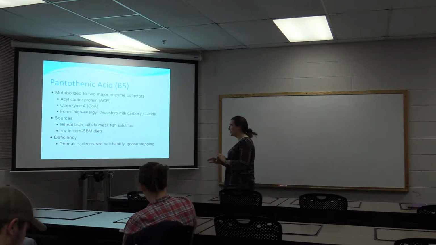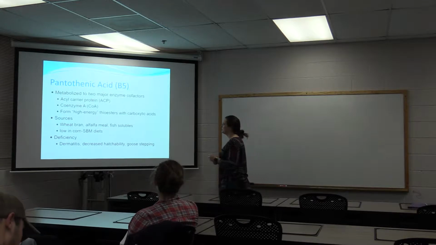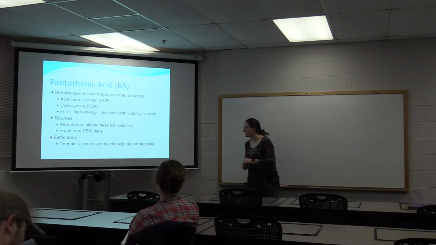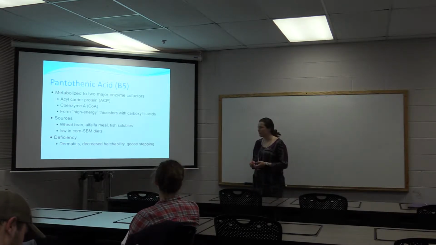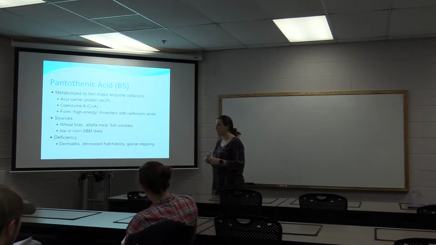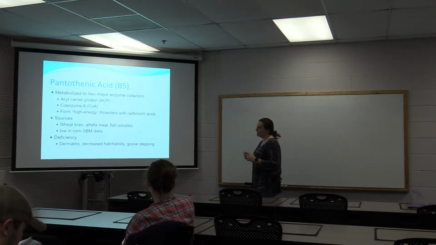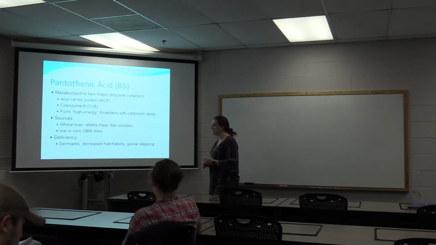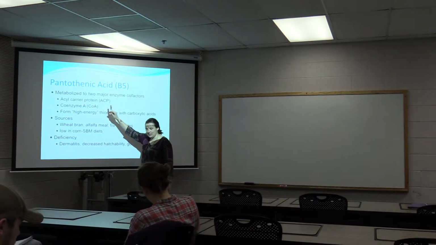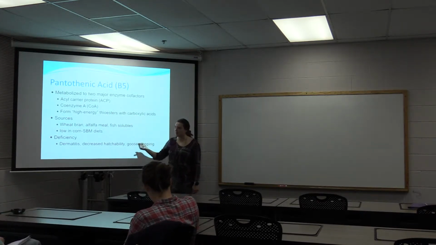Sources, like I said, it's pretty much everywhere. You have it in wheat bran, alfalfa meal, fish solubles. It's a little on the low end in our corn soybean meal diets, so we still put it in the vitamin mix, but it's very hard to get the clinical deficiency symptoms because all plants and all animals, all those cells are utilizing the same mechanisms.